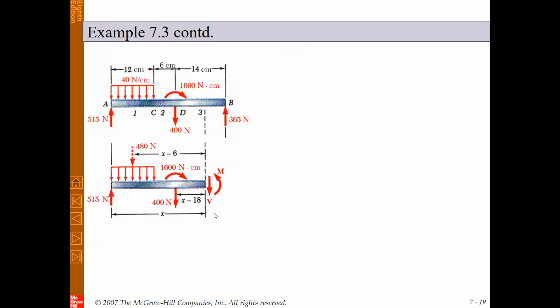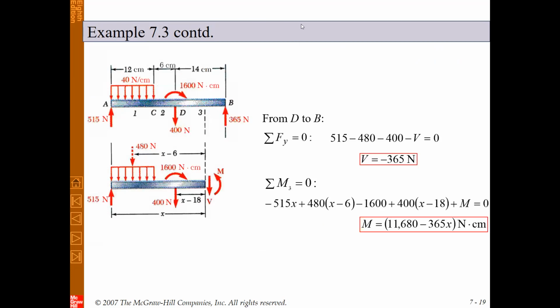And finally the last cut, which is for x between D and B. In this section, when you plot the free body diagram, in addition to the distributed load and the external reaction, we will have the force and couple system of 400 Newton force and 1600 Newton moment here.